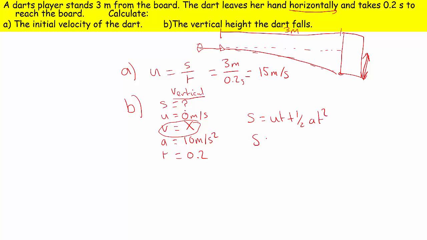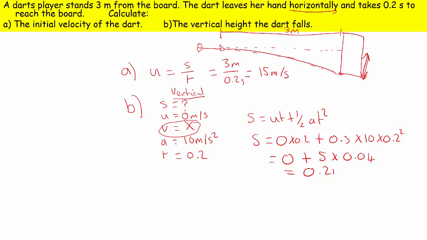So the displacement is equal to 0 times by 0.2, so that's just going to be 0, plus 0.5 times by 10 times by 0.2 squared. So that's equal to 0 plus 5 times by 0.04, and that is going to be equal to 0.2 metres.